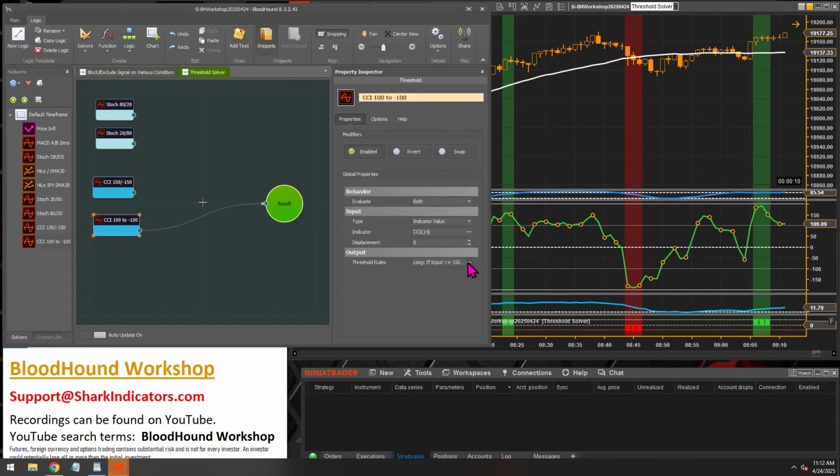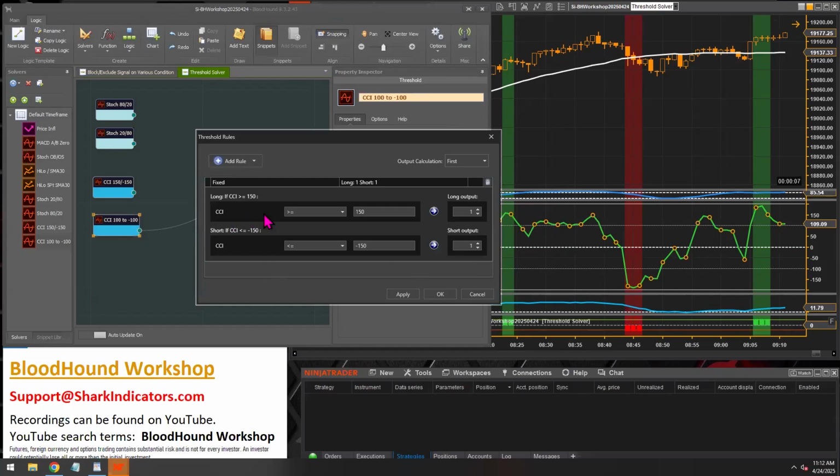So we're going to go into the rules window here. And let's see here. Let's generate a long output when it's greater than, there's a couple of ways we can mix and match this here. So I'll say when the CCI is greater than negative 100 and below positive 100.